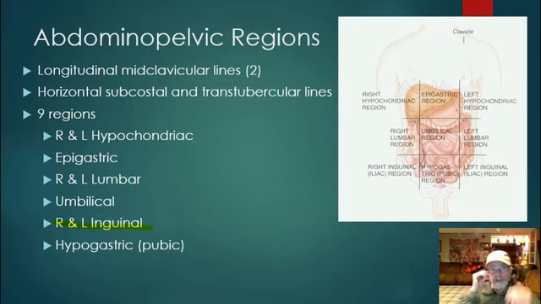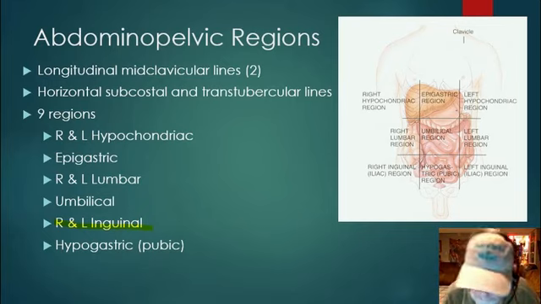These regions are defined by 2 longitudinal mid-clavicular lines, going from the middle portion of the clavicle straight down, then the horizontal subcostal line, the top line below the cartilage of the ribs on both sides, and then the transtubercular line going from the anterior superior iliac spine on the right to the anterior superior iliac spine on the left.